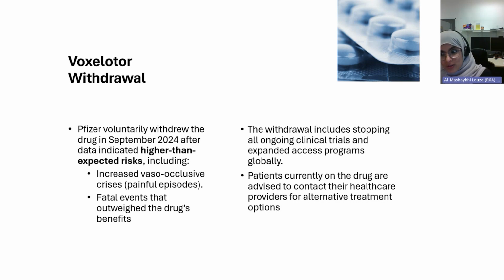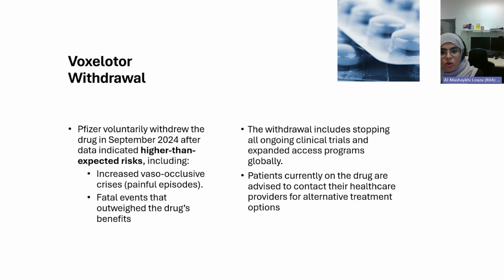We thought initially it was due to voxelotor being a new medication, but we were not sure about it. But then after the report, it was evident it increased the vaso-occlusive crisis, and it was also withdrawn because of fatal events that outweigh the drug's benefit. And the withdrawal includes stopping all ongoing clinical trials and also the expanded access program globally.